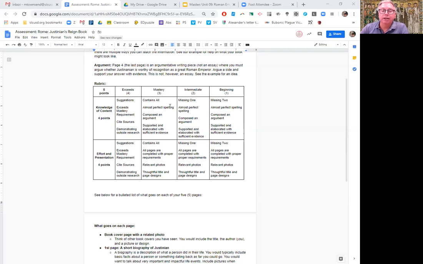To get mastery in the effort and presentation category, all of your pages are completed with proper requirements, and you'll see all of that on the next page, as well as in the example. You have relevant photos. That means your pictures have to do with what you're teaching on that page, and that the pictures are time period appropriate.